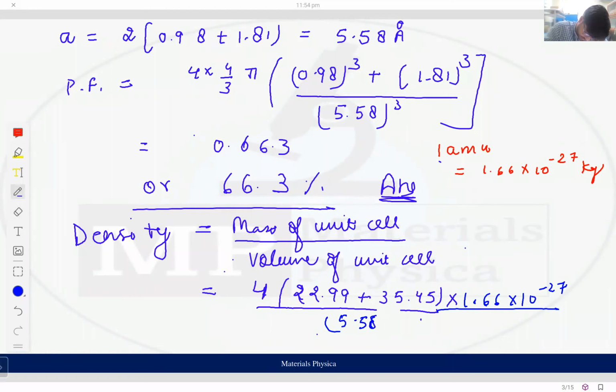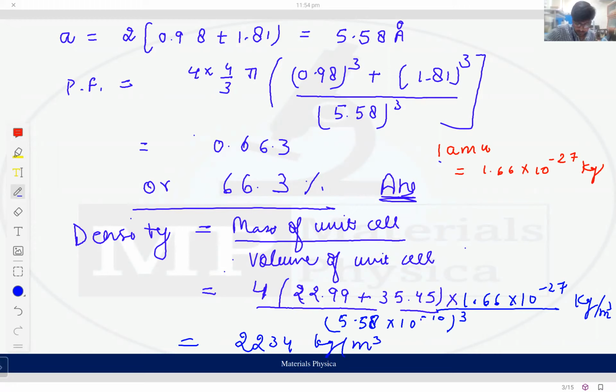So to get the density in kg per meter cube, when we solve this, we will get the value of the density as 2234 kg per meter cube, or we can take this as 2.23 gram per centimeter cube.